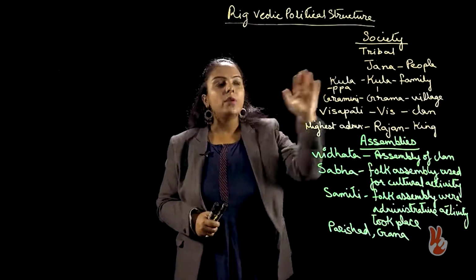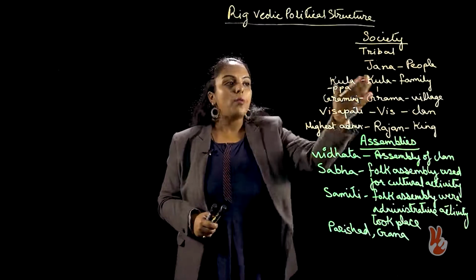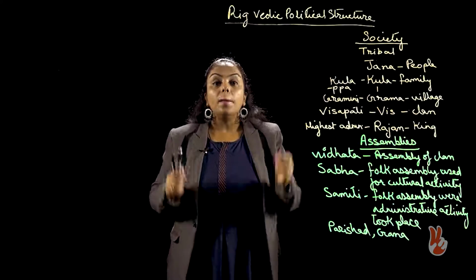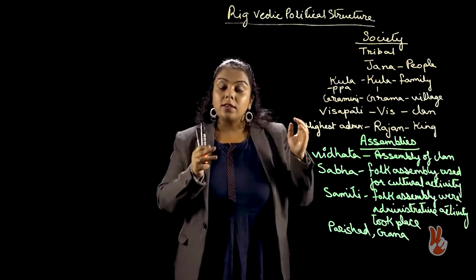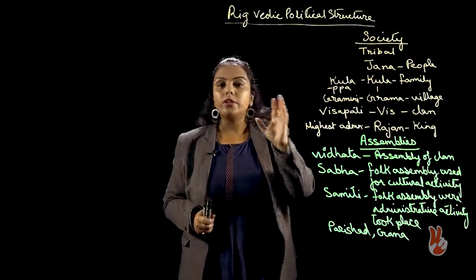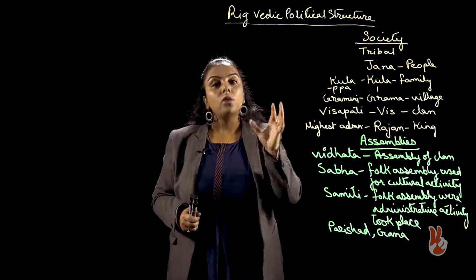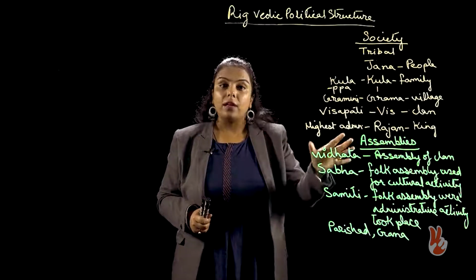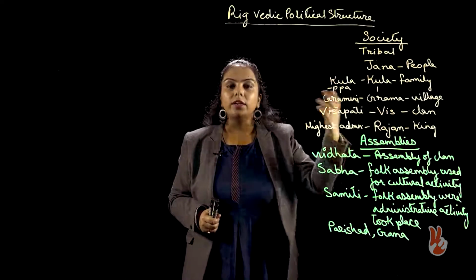As far as Rig Vedic polity is concerned, population was there. Jana was mentioned many times in Rig Veda, but Janapada, the territory, does not find mention in the Rig Veda.